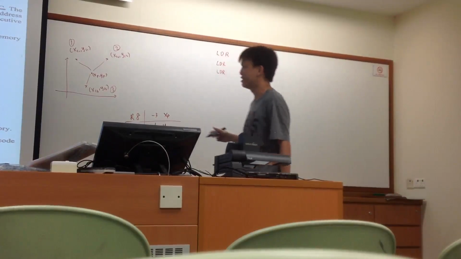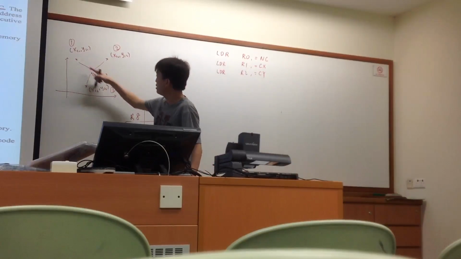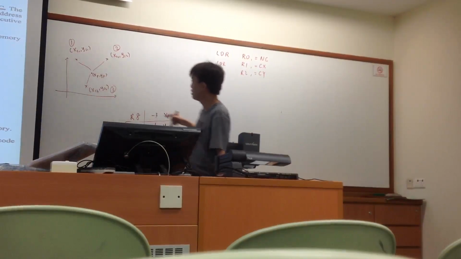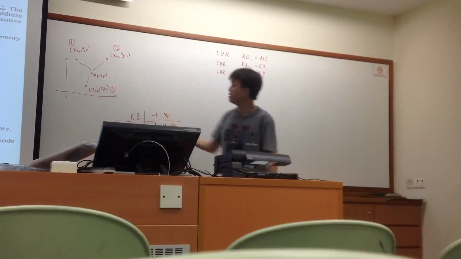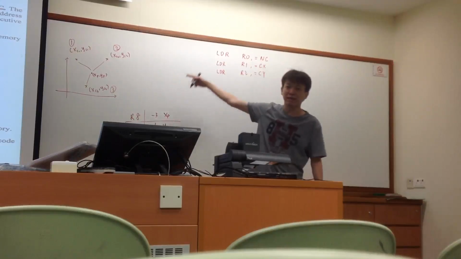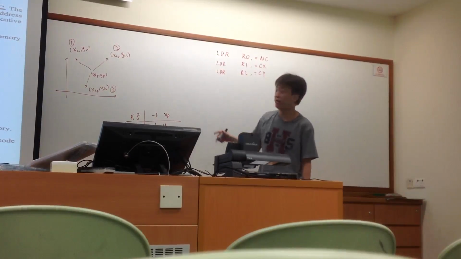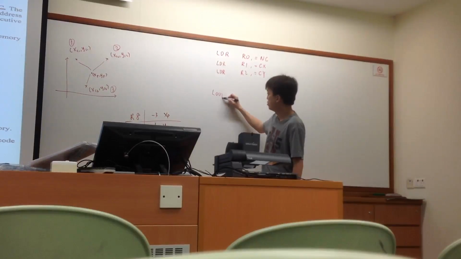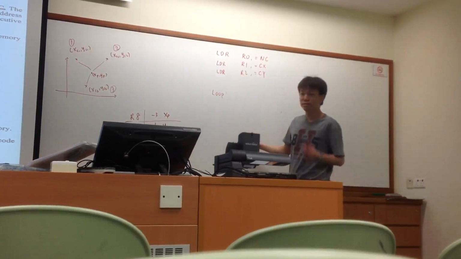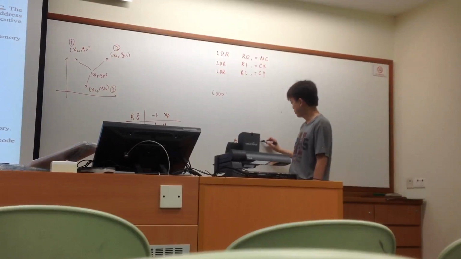Next I need to do the calculation. I need this one subtracted with this one, then find out the result. You expect to calculate the square distance many times, so you definitely need a loop. Then somehow something like BNE loop.